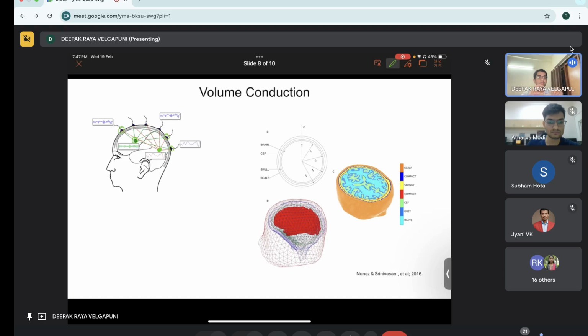Also, they are like a conducting medium, therefore the signal passes through the whole brain, and you see this volume conduction effect happening. There are a few techniques which use the finite element method, where they draw small mesh grids over the brain, and in each mesh grid they use some matrix theory based analysis to find the sources.